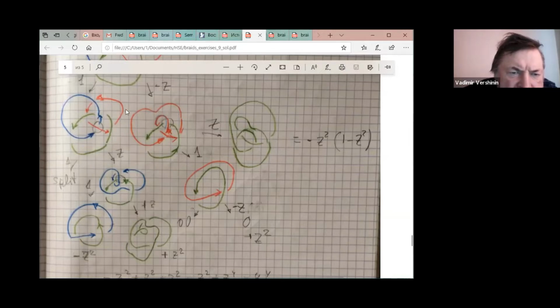Blue eats red. Am I right? Yes, because you should go here and you return. So blue eats red and becomes this wonderful thing. Okay, so z with this.